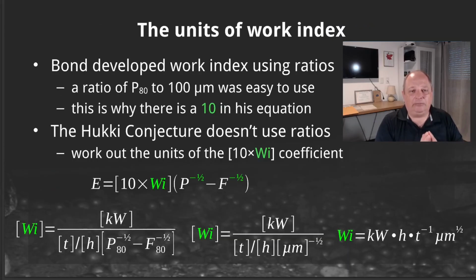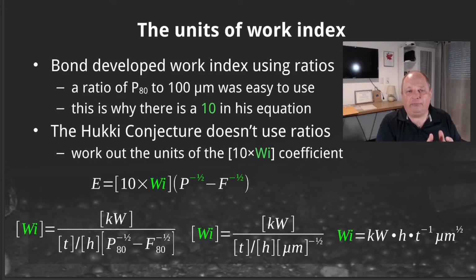So I talked a bit at the beginning of the video about the units of work index. If we say that the actual definition of work index comes from this universe of models in Hucke's conjecture, the way that Bond developed his model using ratios isn't really relevant anymore. We can say that the value of 10 in the work index equation is just a meaningless scaling factor.